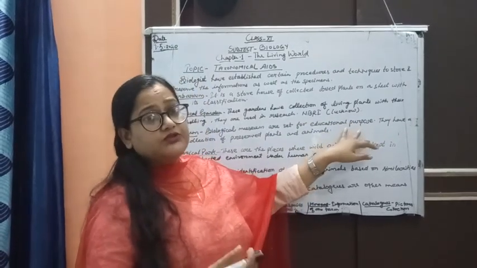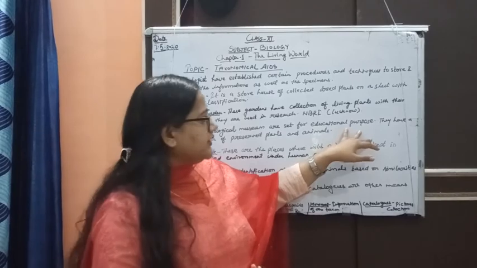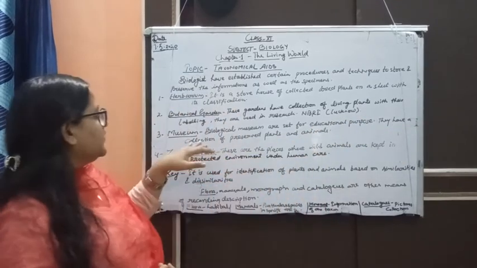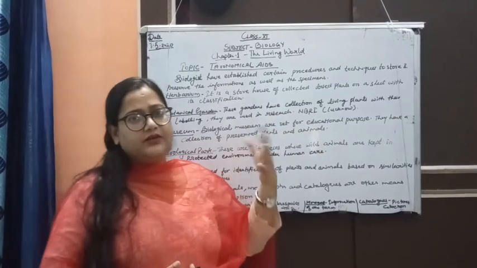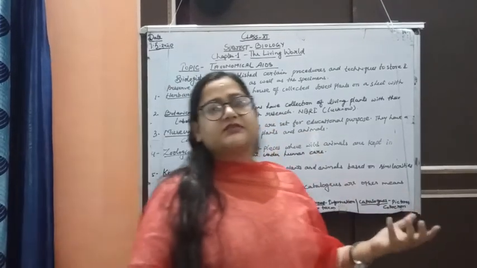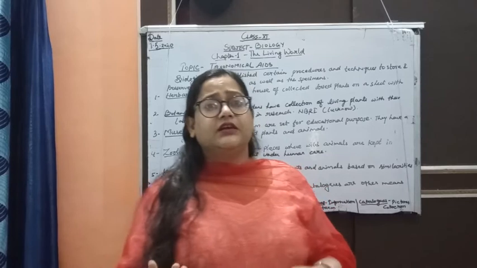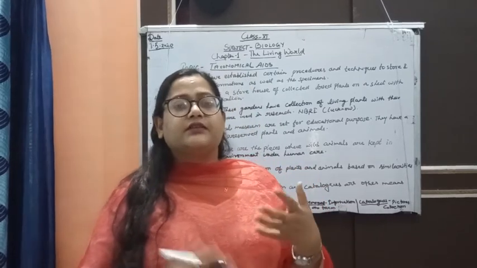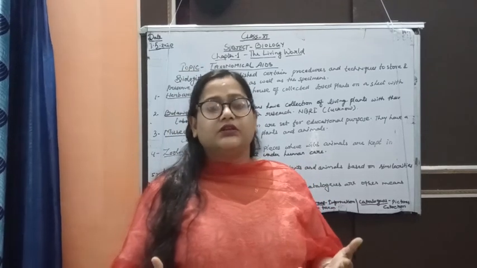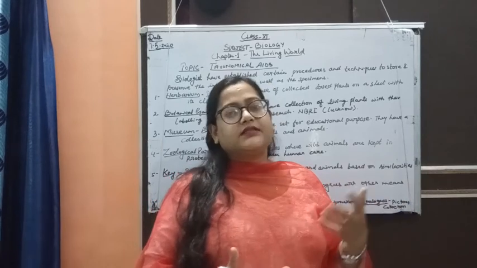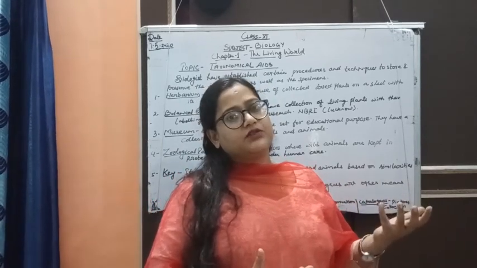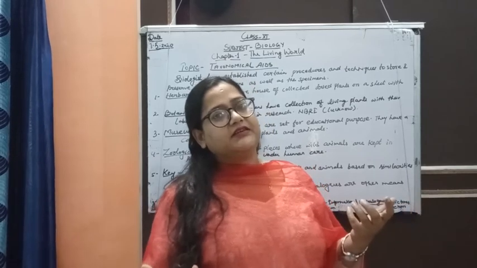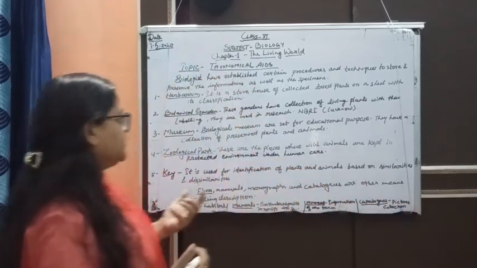To give education about biological things, and they have a collection of preserved plants and animals. We can see the skeletal system also. We can see the organisms which are present on earth and which are extinct. Very rare plant species can also be seen in the biological museum.